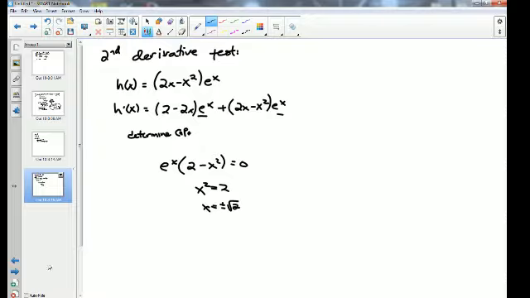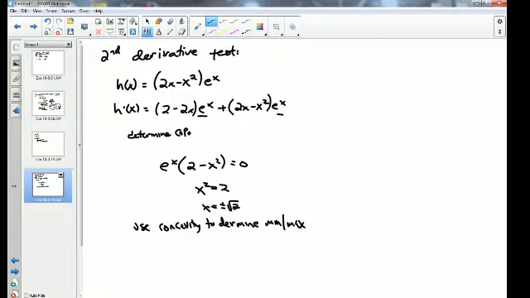Thank you for correcting yourself. How do I determine, using the second derivative test, if that's a max or min? We're going to use concavity to determine min-max. Normally at this point you could use the first derivative test and do a sign analysis, right?